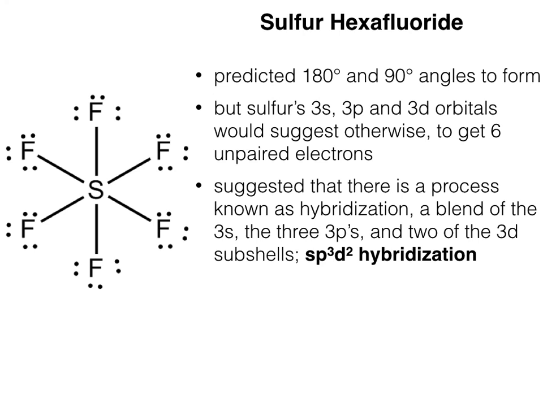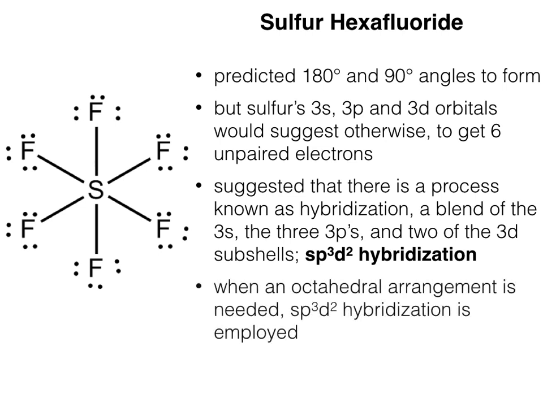And this time we're going to mathematically combine 3s, 3ps, and 2 of the 3d for 6 equivalent orbitals. This is called sp3d2 hybridization, and it is employed anytime you need an octahedral arrangement of pairs of electrons.